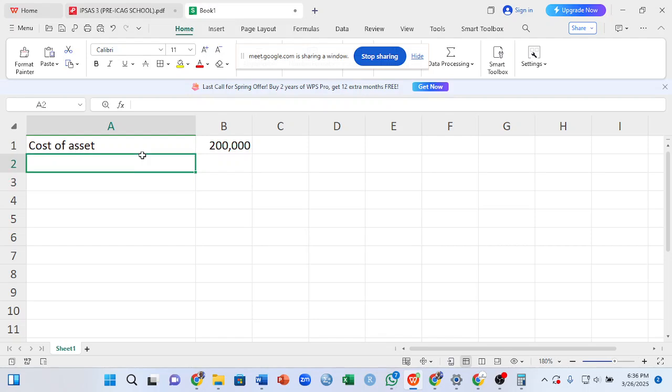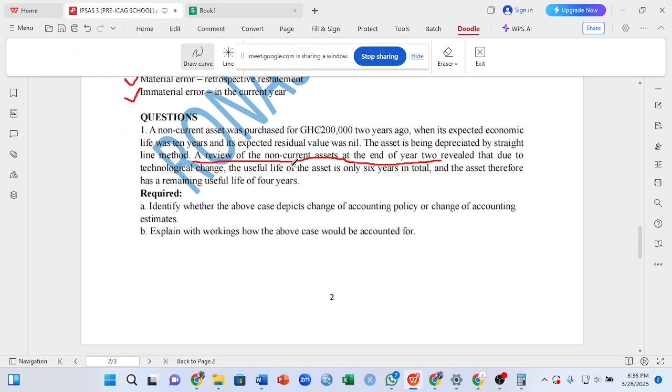That means we need to calculate depreciation. How do we get our depreciation? Depreciation will be the cost of the asset divided by the useful life. The cost of the asset was 200,000, so let me bring the extra zero, then divide by the number of years, the useful life. What's the initial useful life of the asset? 10 years.